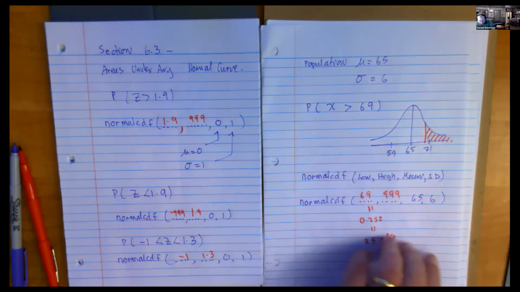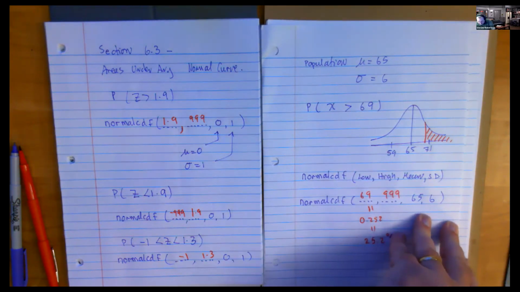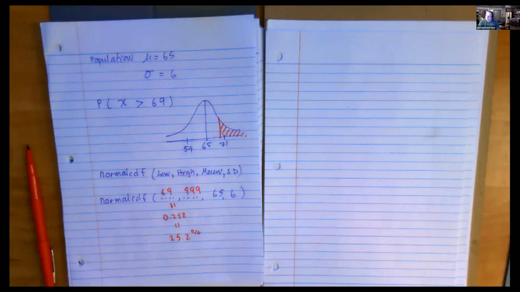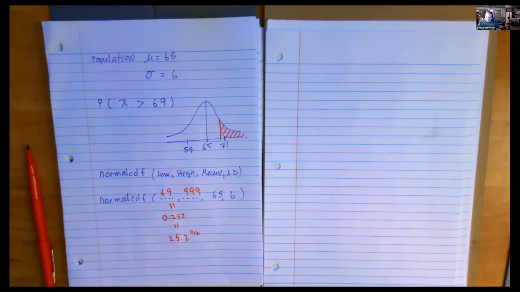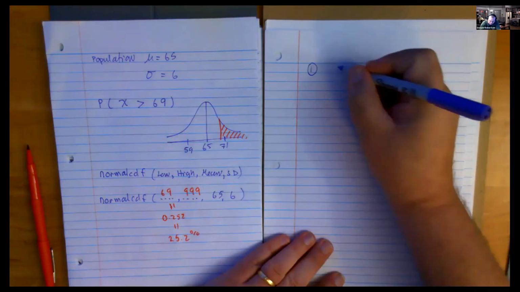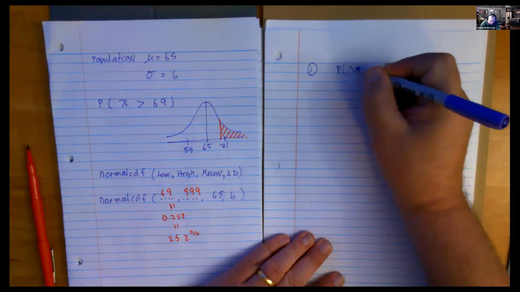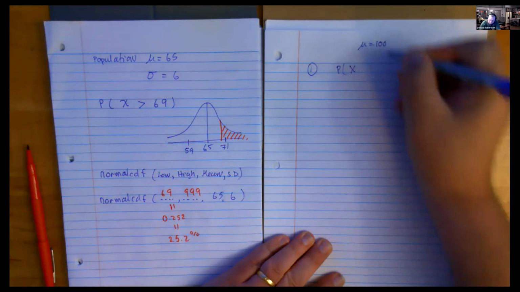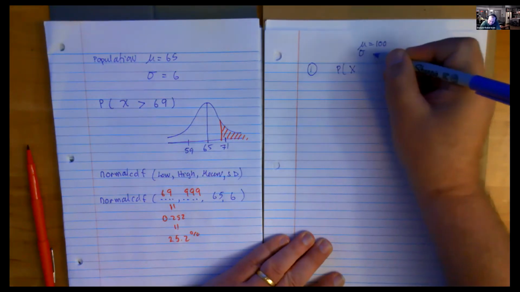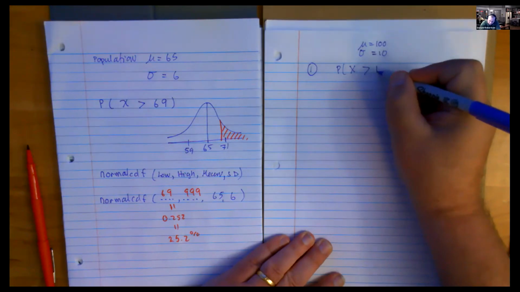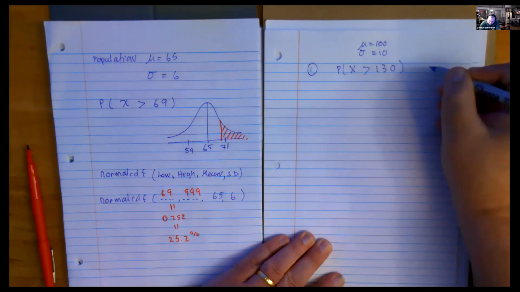So I am going to give you, right off the bat, without any real practice, chucking you in the deep end, 3 to do on your calculator. The first one is, I want to find the percentage of people. I'm going to do my favorite IQ one, right? So the mean is 100 and the standard deviation is 10, right? What percentage of people have an IQ of 130 or more?